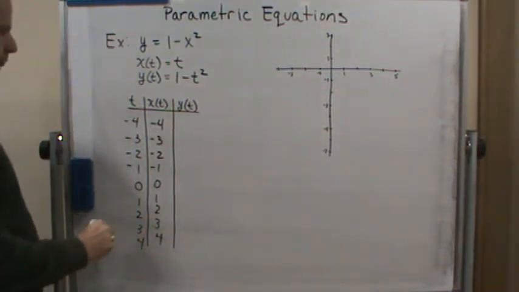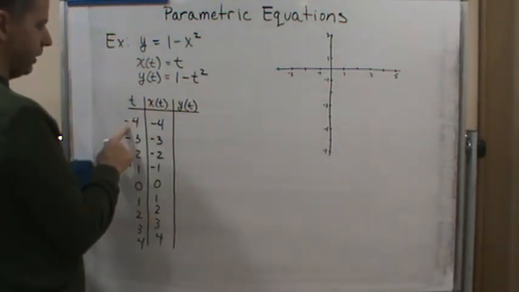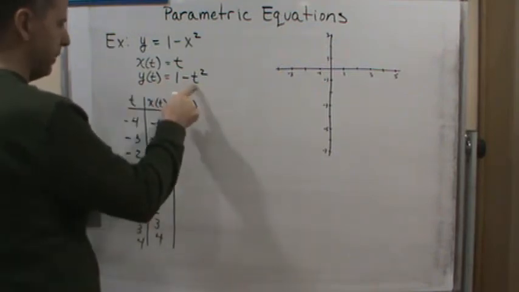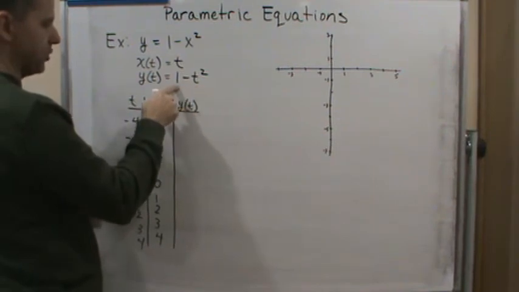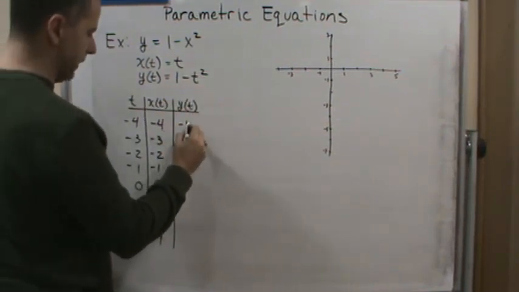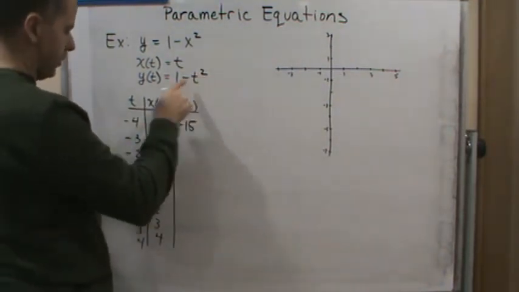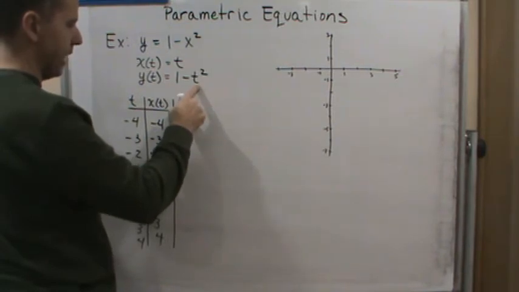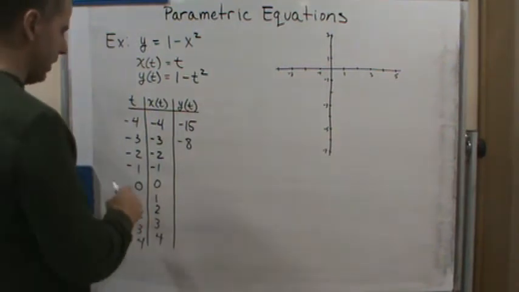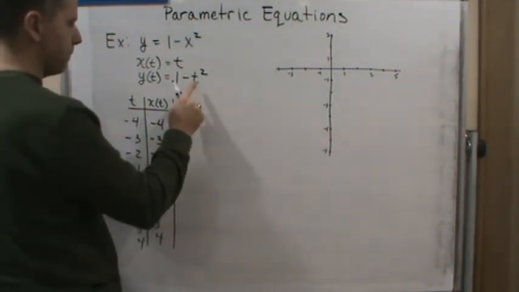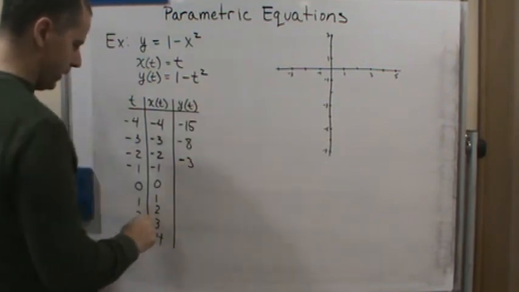Now, y. If t is -4, what does y become? Well, -4 squared is 16, but that's minus 16, so 1 minus 16 is -15. Then -3 squared is 9, 1 minus 9 is -8. Then -2 squared is 4, 1 minus 4 gives us -3.